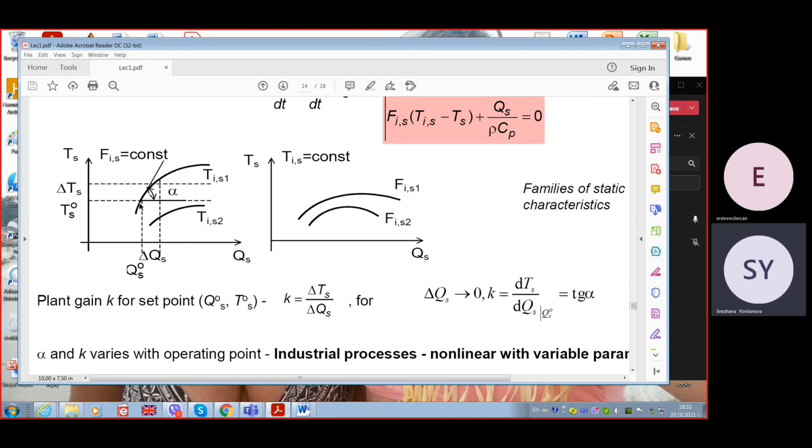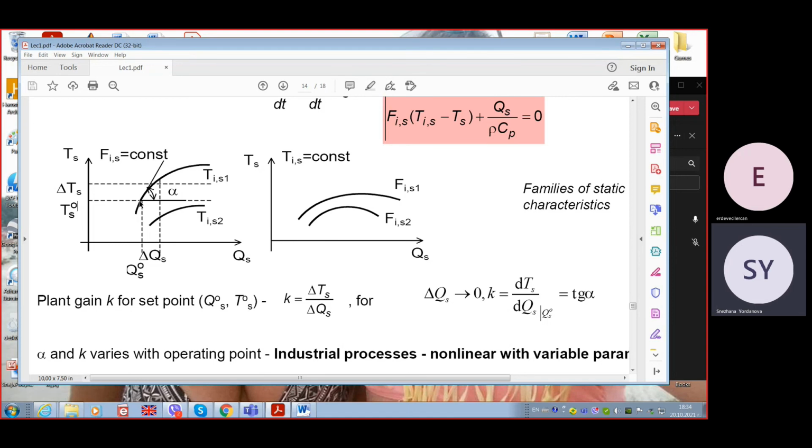This curve can be approximated by the tangential line in some area. So around this reference, the reference means that our final temperature will reach this reference. This is the aim of the controller, to maintain the temperature at a desired reference.